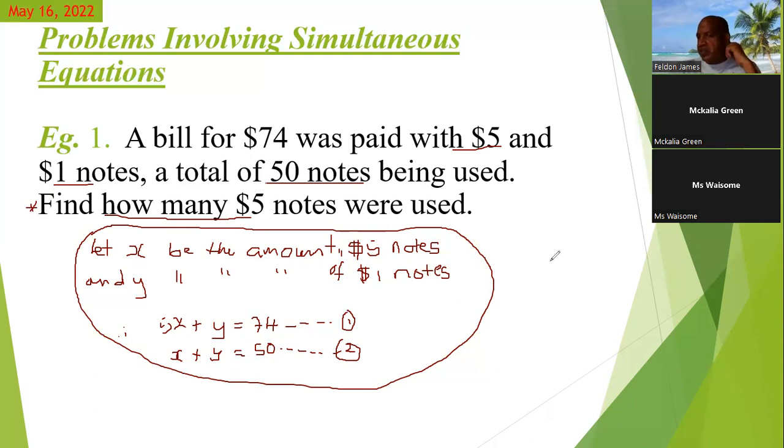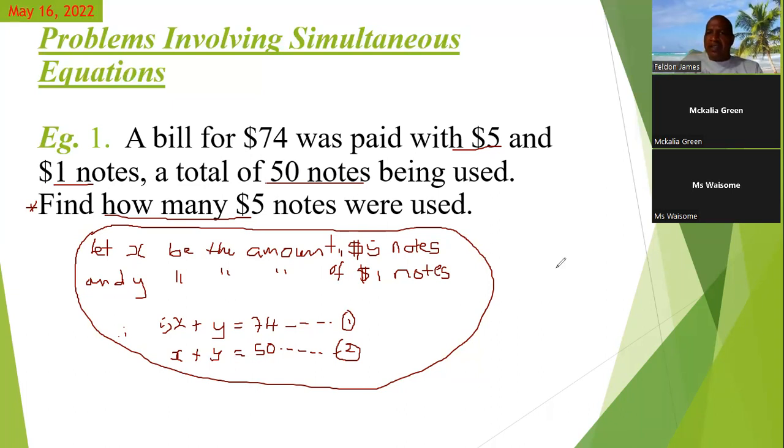So that's what you should ask yourself. Do you know, Ms. Green? No, sir. Right. Now, so you know that you must have some amount of $5 notes. You must have some amount of $1 notes. The thing is, you don't know how many $5 notes and you don't know how many $1 notes.